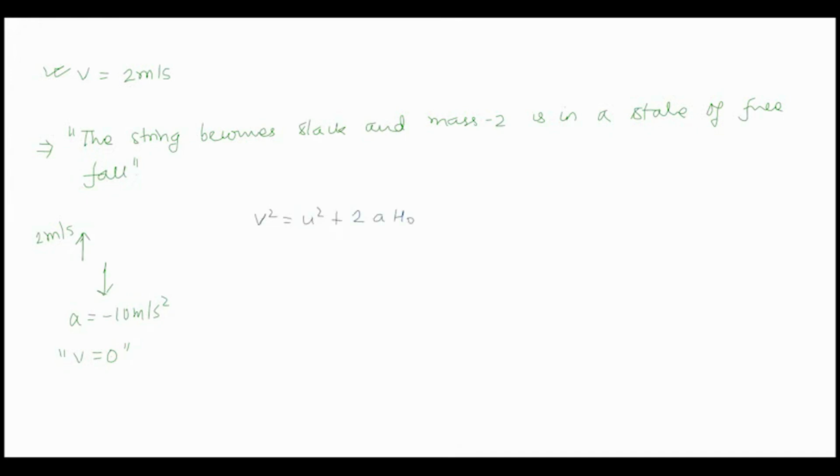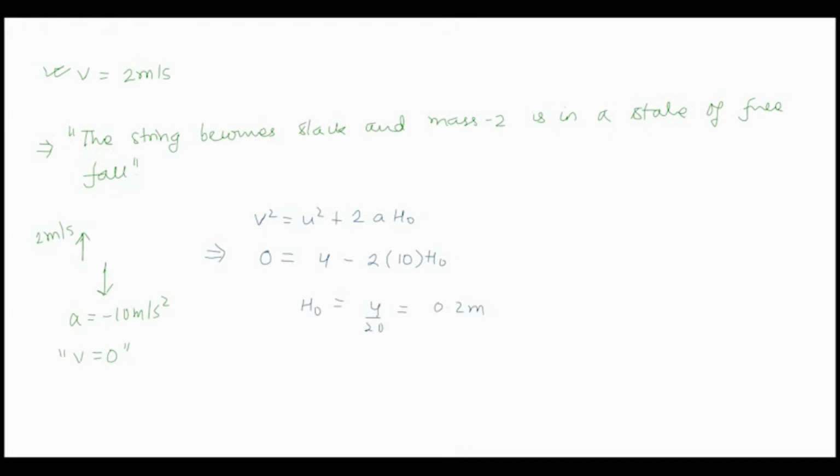So this is the additional height which it is attaining after traveling a distance of 40 centimeter in the upward direction. So now if we solve for this, we say this is equal to 4 minus 2 into g, that is 10 into h naught, and from here we calculate h naught is equal to 4 by 20, which is equal to 0.2 meter.